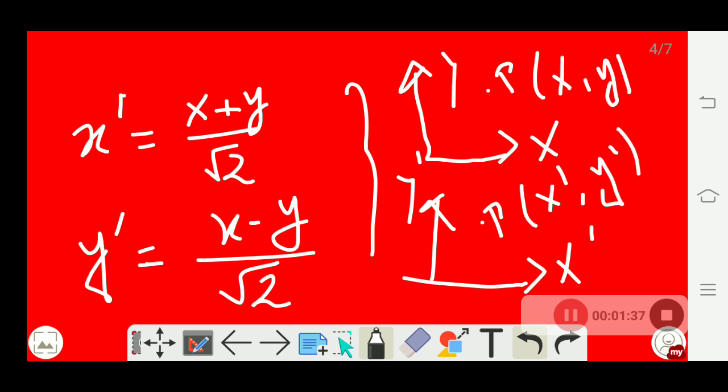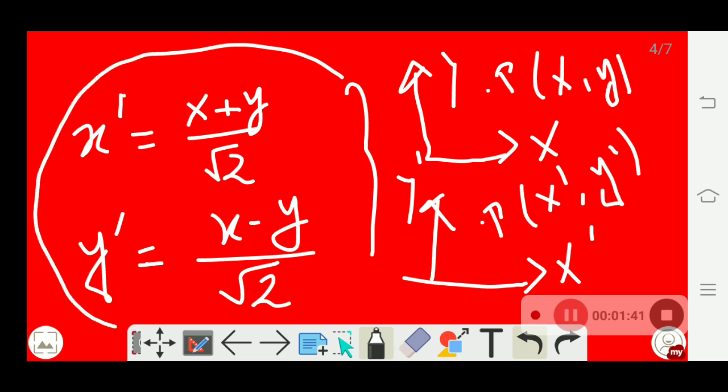So if we want to relate these two coordinate systems, we are going to relate them with this thing. That is, x prime equals x plus y divided by root 2 and y prime as you can see. Okay, this is not so important for this problem.